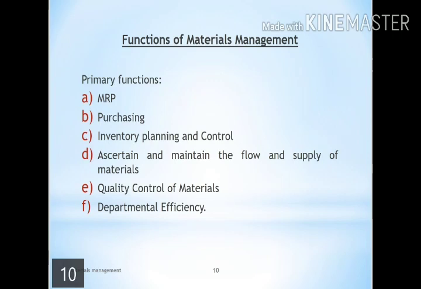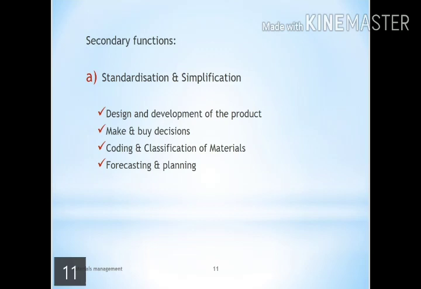Functions of materials management. The functions can also be divided into primary functions and secondary functions. The primary functions include material resource planning, purchasing, inventory planning and control, ascertaining and maintaining the flow and supply of materials, quality control of materials, departmental efficiency. The secondary functions include mainly the standardization and simplification of materials, that is, design and development of the product, make and buy decisions, coding and classification of the materials, forecasting and planning.